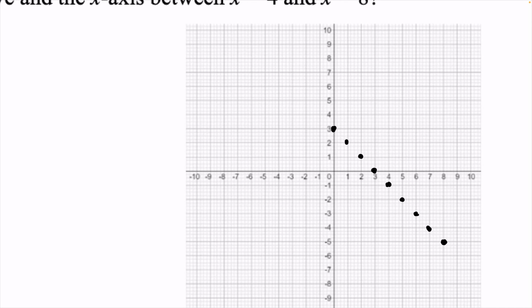And that's what it's going to look like. It's going to continue forever, but all I care about is from 4 to 8. So all I care about is from here to there.